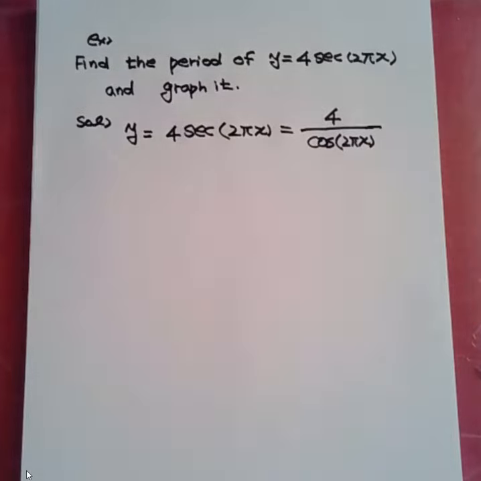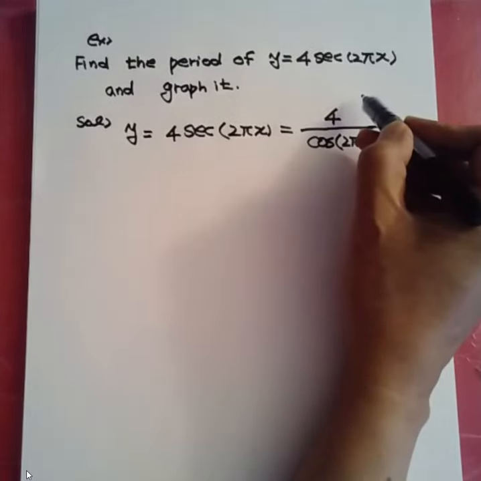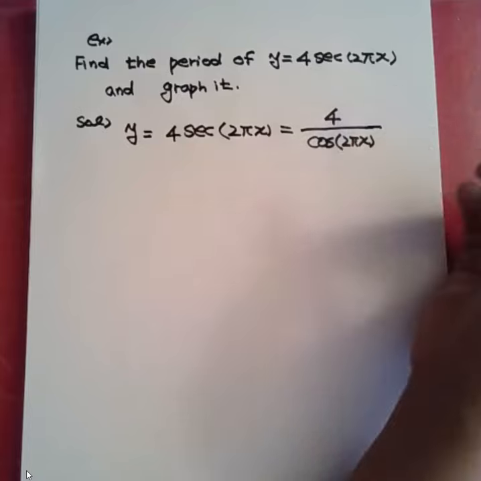Our strategy will be we will graph cosine of 2 pi x, and then we will think about the reciprocal of that, but we have to consider this multiplication by 4.